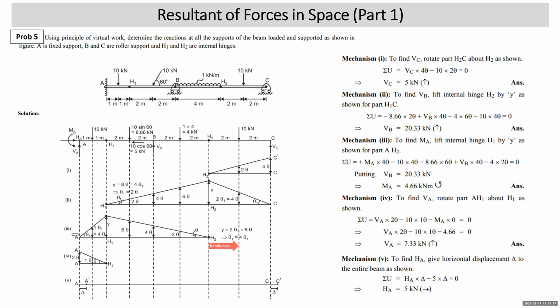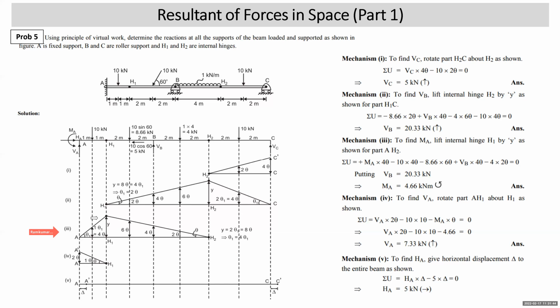Here HA and VA will not do work. Work done by MA: MA is anti-clockwise, rotation is anti-clockwise, so work done is positive, MA into theta 1. Theta 1 is 4 theta, directly substitute.